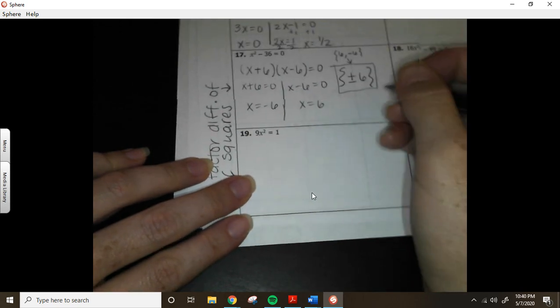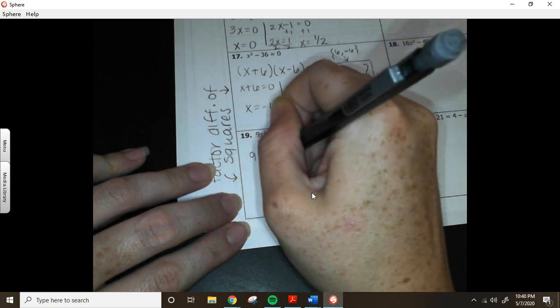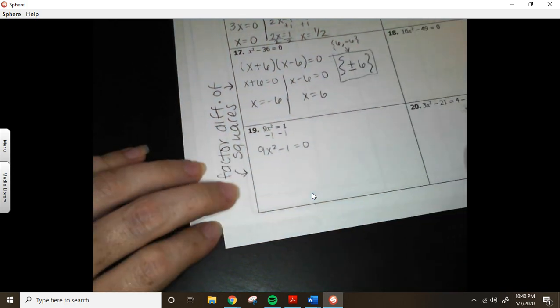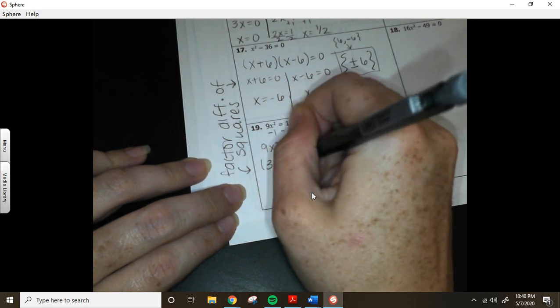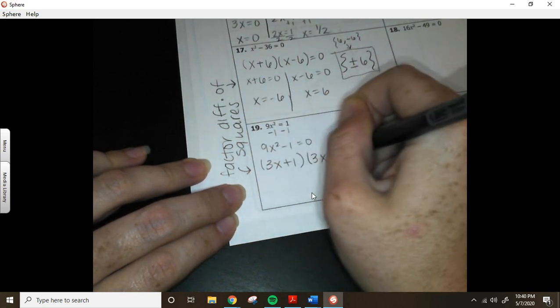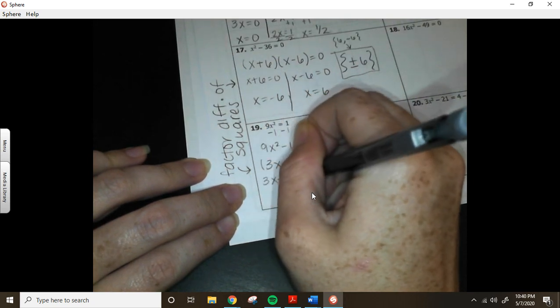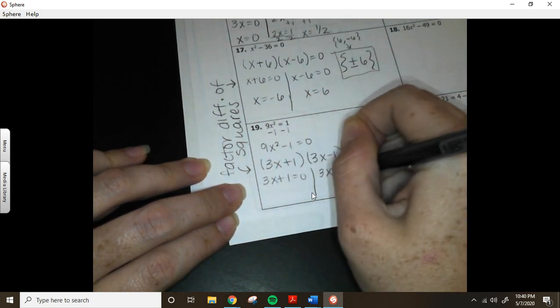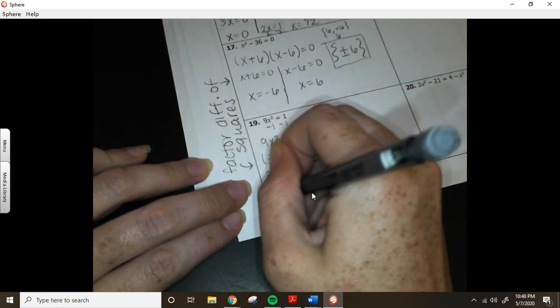Okay, again, this is going to be how we're going to solve it in our next lessons about square roots. But for right now, we want to set it equal to 0, so we'll subtract this 1, creating a difference of squares. So again, solve this: 3x plus 1 times 3x minus 1. So 3x plus 1 equals 0. If you already see that this is going to be a fraction, congratulations.